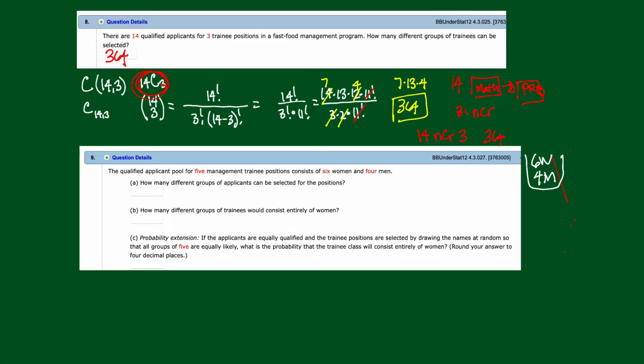Okay, so there's nothing about arrangement, so this is going to be combinations. We have 5 positions, and we've got 6 women, 4 men. So for part A, out of 10 people, 6 women and 4 men, we want to choose 5 of them.